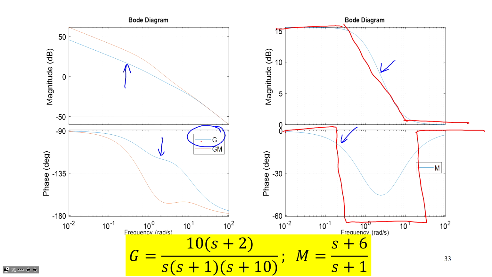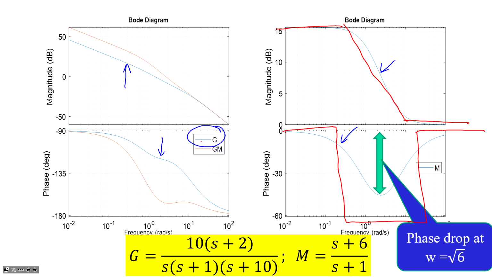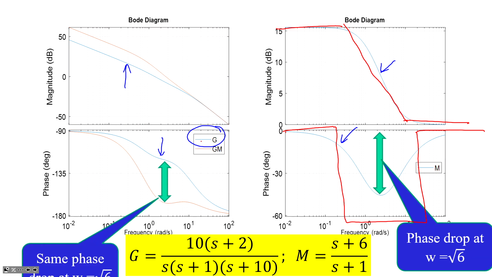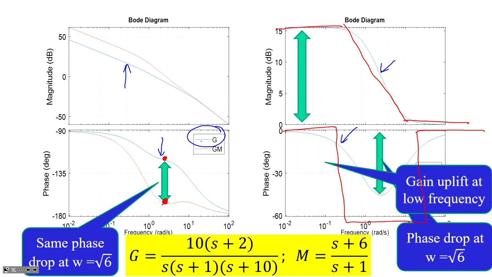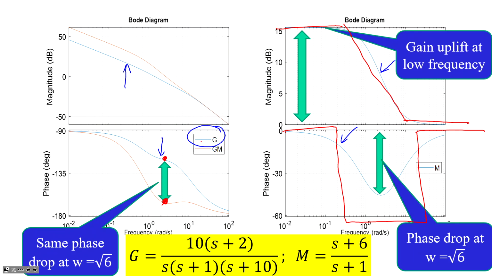Now, how do I get the Bode diagram for my compensated system, that is G times M? Well, I look at the phase plot, and I can see there's a phase drop at omega equals √6, and I can see how big that phase drop is. And the same phase drop will occur here. So I can get the new value for GM just by applying the same phase drop compared to G. Similarly for the gain, I can see there's a gain uplift at a low frequency.